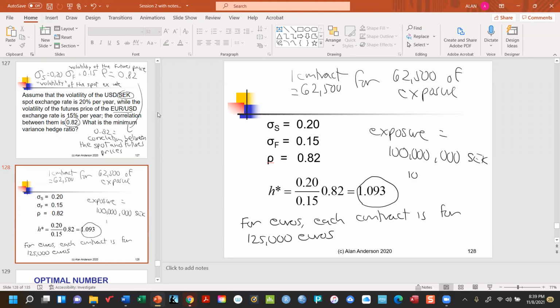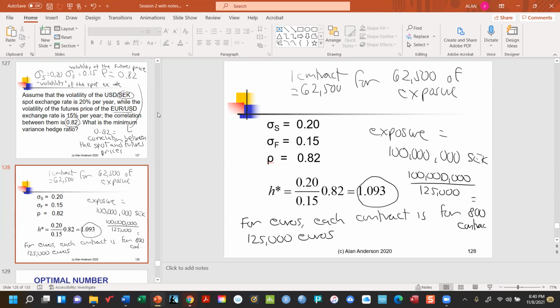So that ratio is 800. That's 800 contracts.